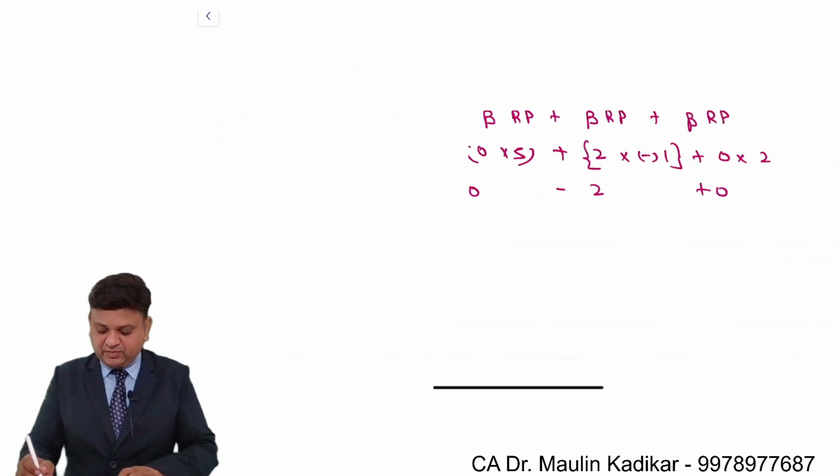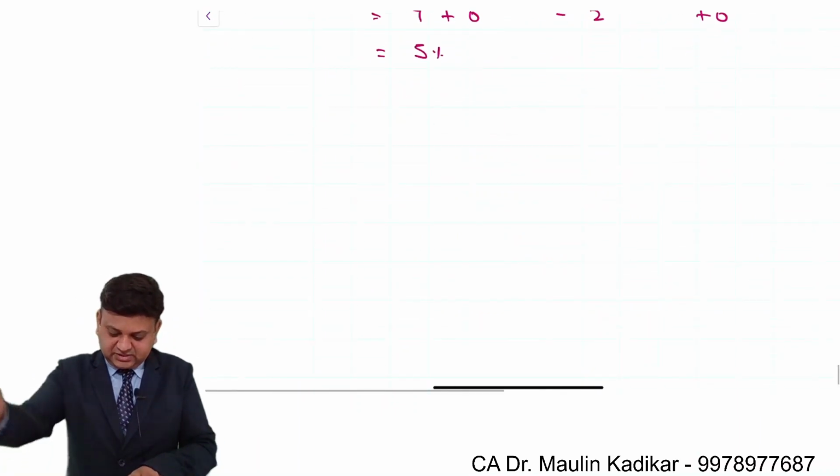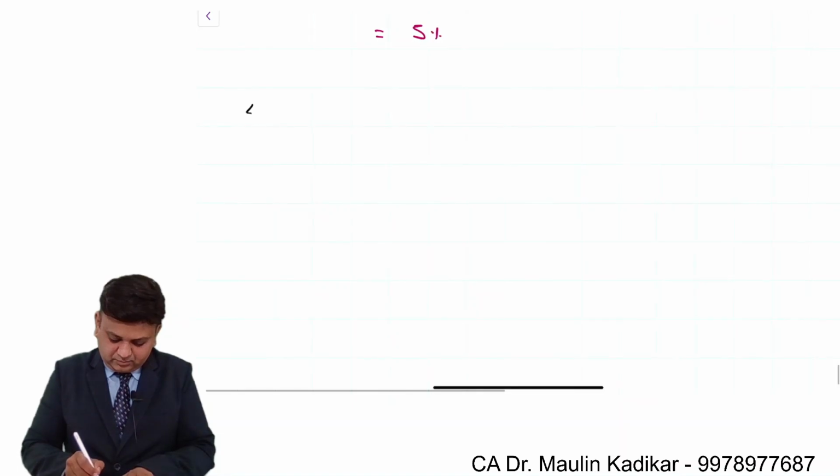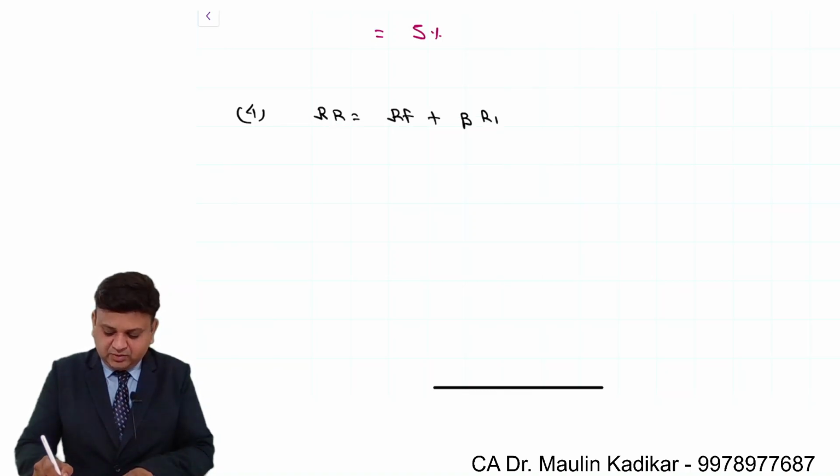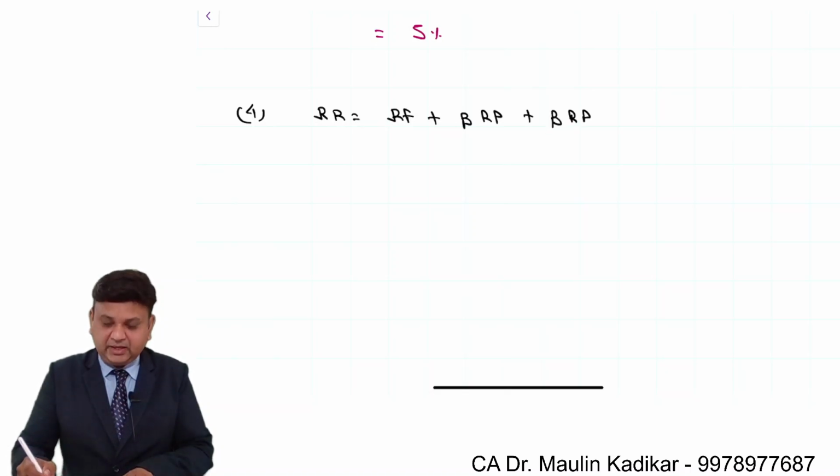So we are required to make the computation like this. Answer for the fourth question. Required rate of return is RF plus beta into risk premium for the first factor, beta into risk premium for the second factor, beta into risk premium for the third factor.